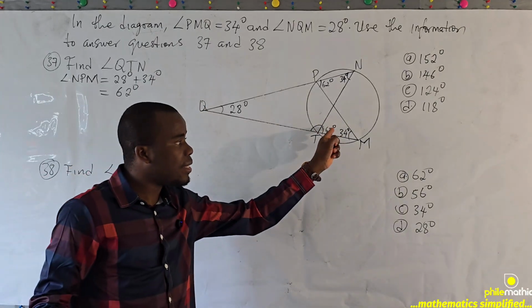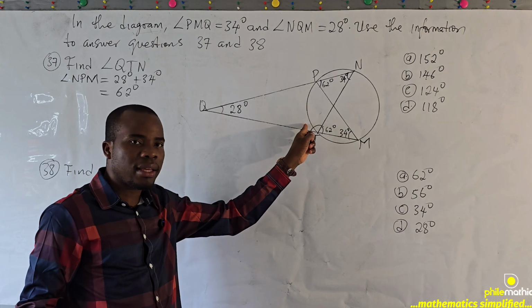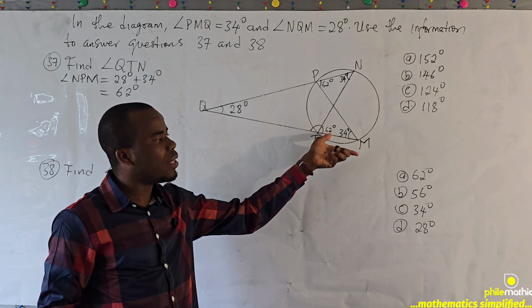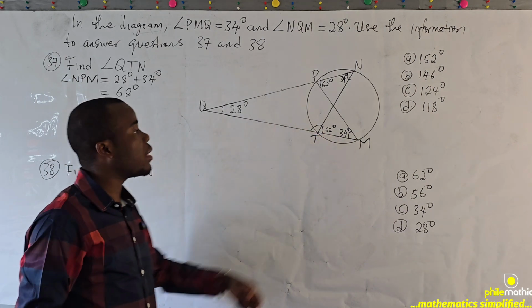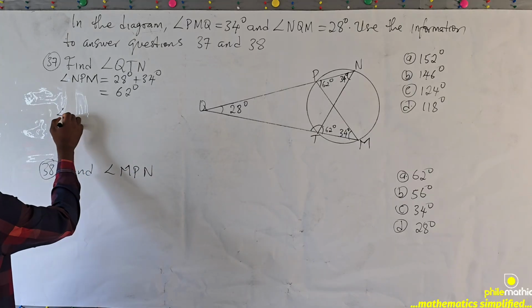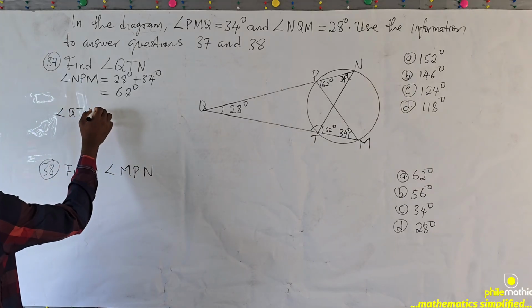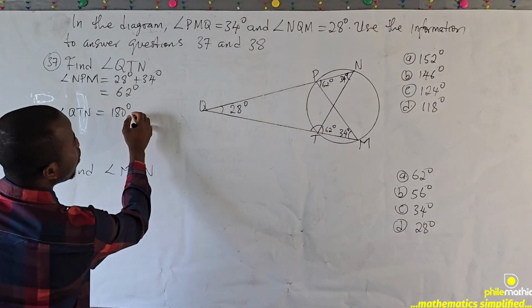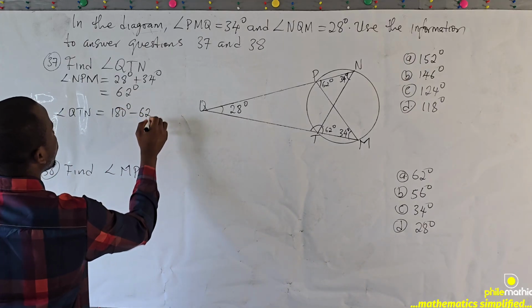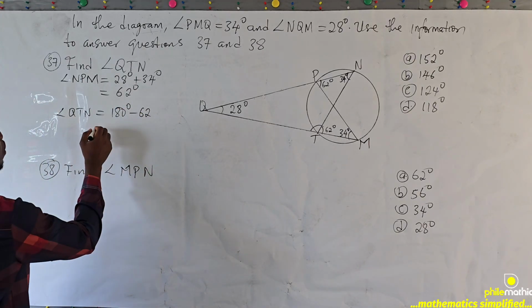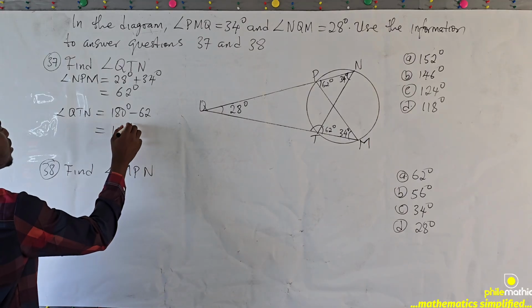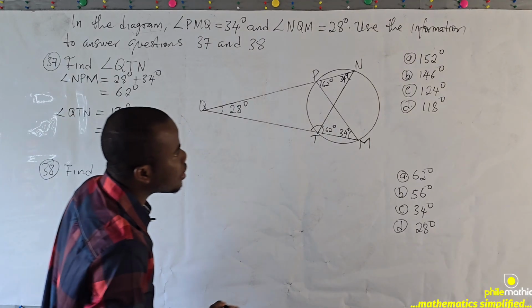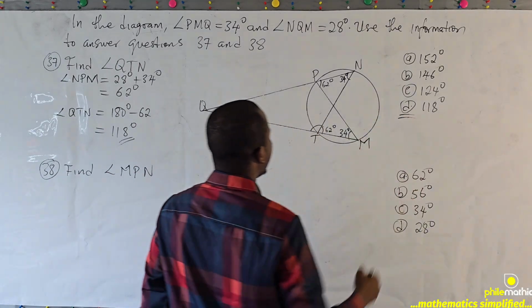And if we know that this is 62, we can get what is here by subtracting it from 180 since it's angle on a straight line. So angle QTN we are looking for will be 180 degrees minus 62, and that will give us 118 degrees. And the correct answer is D.